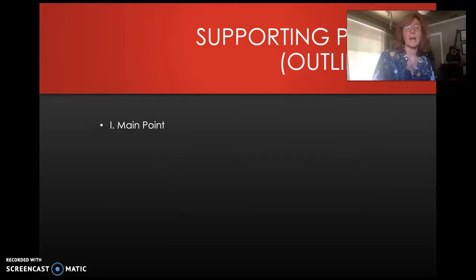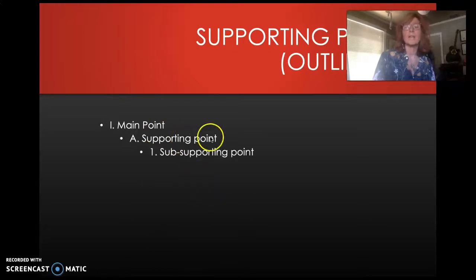Supporting points and outline. What does outlining look like? So when you think of these as sentences, you have a main point, you're making a statement. Then you have these smaller supporting ideas. And as you break down the smaller ideas, you have even smaller ideas to back up that idea.